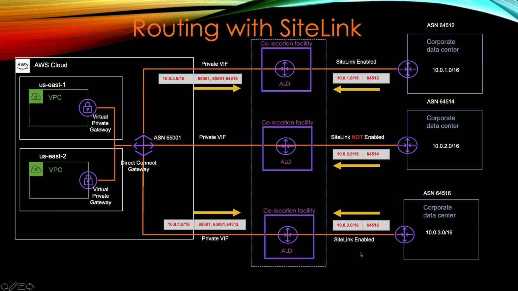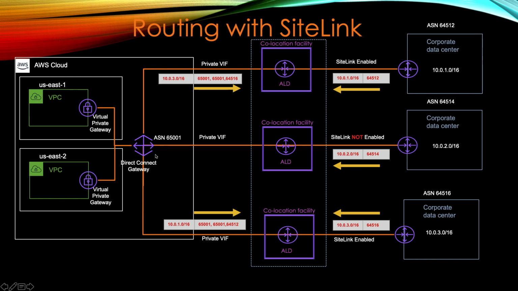If we take another example, suppose you have three data centers connected to the Direct Connect gateway by using private VIFs, but you enabled SiteLink only on two private VIFs. The third one you didn't enable. All three data centers will advertise their paths to the Direct Connect gateway, which will again get re-advertised to private or transit gateways.